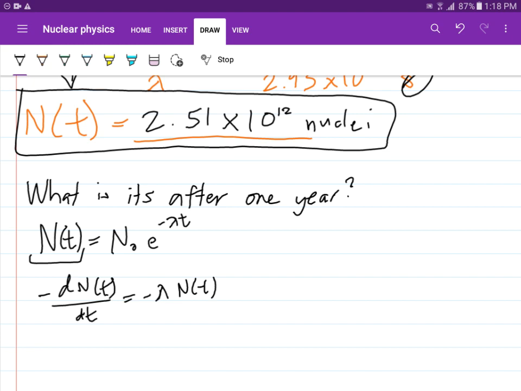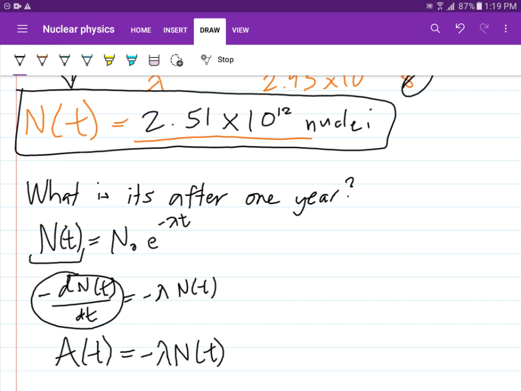So we can write this expression, to remove the derivative, as A(t), which is the variable for activity. So activity as a function of time is equal to some proportionality constant times N(t).